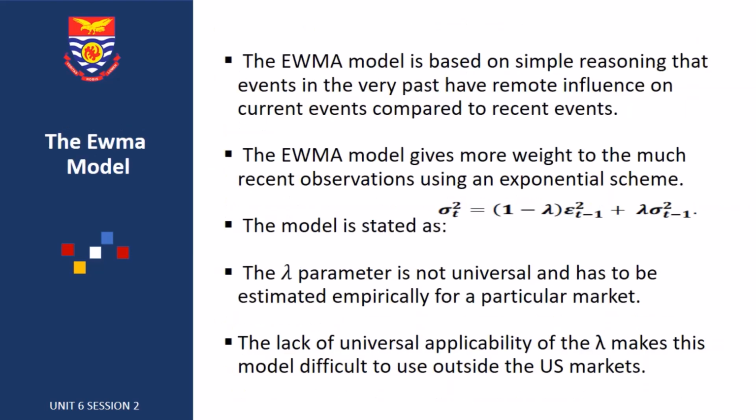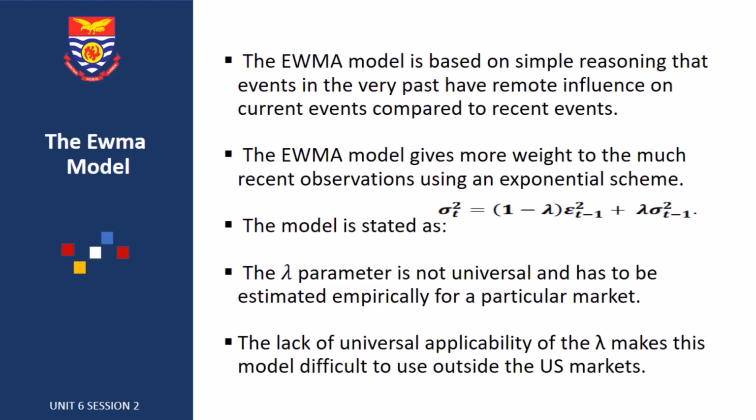The EWMA, or the exponentially weighted moving average model. This model is based on simple reasoning, that is, events in the very past have remote influence on current events compared to recent events. The estimated exponentially weighted moving average model gives more weight to the most recent observations using an exponential scheme.